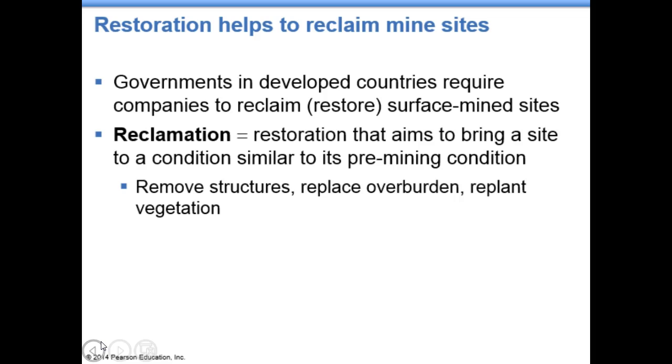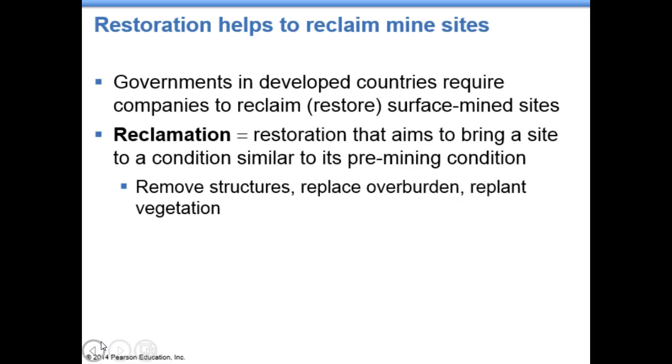So there are things that the government has put into place to try to help reduce the environmental impacts of mining.